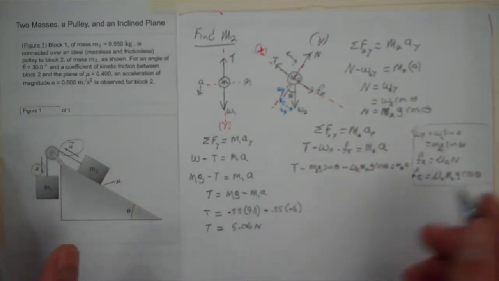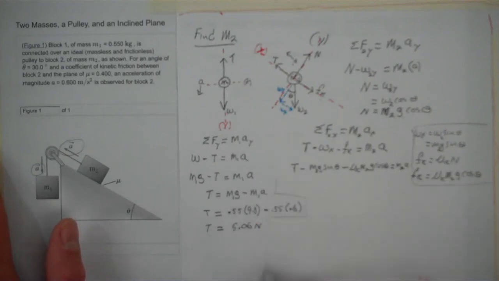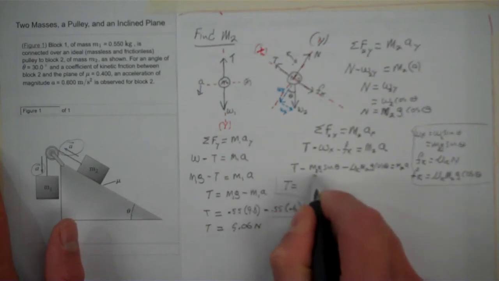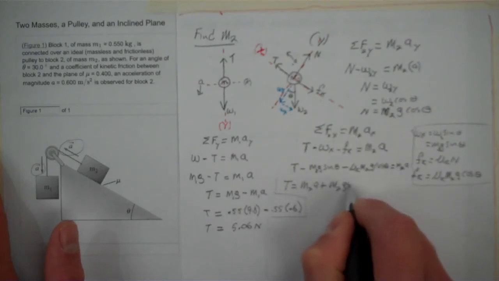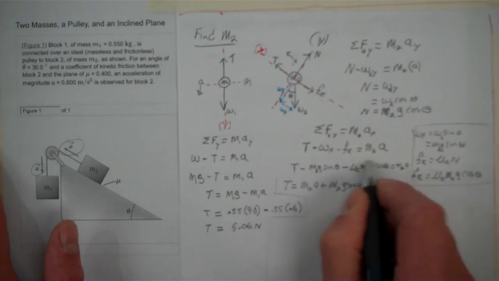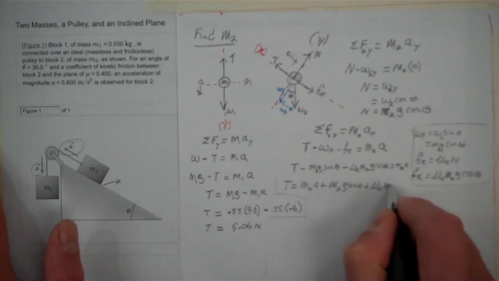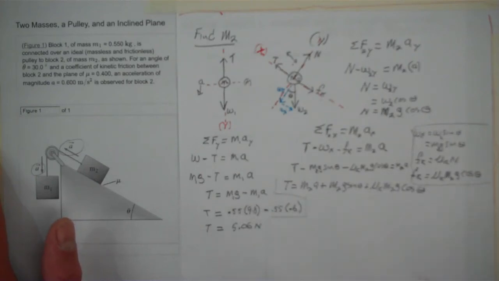So this is now algebra. I've got T is going to equal, going to add that over there, m2a plus m2g sine theta, add that to the other side, plus mu k m2g cosine theta. Big mess.